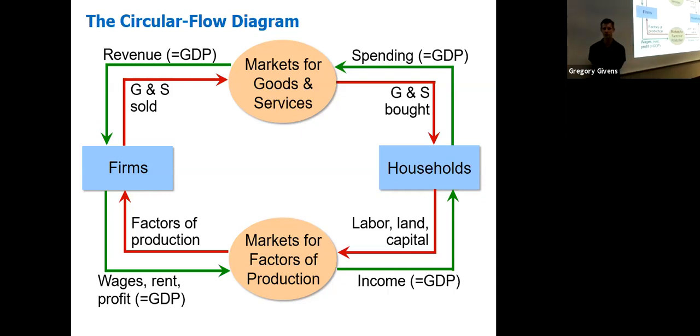Okay, questions about that? So let me stay on this topic of the circular flow diagram for a minute, because I think this is a useful point to question some of the assumptions of this model, right? So whenever an economist presents a model to try to explain what's happening in the world, one of the first things you want to do is start to question, well, what are some of the underlying assumptions there, okay?